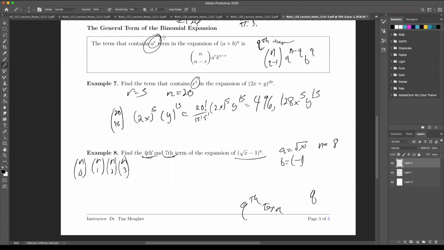So if you want to find the term that contains a to the r, use this expression. If you want to find the qth term, I just need some letter here.